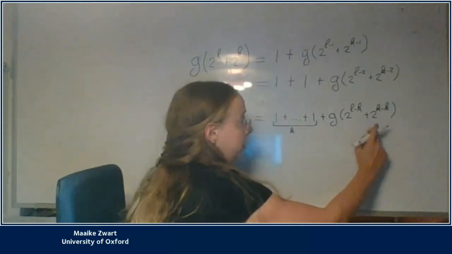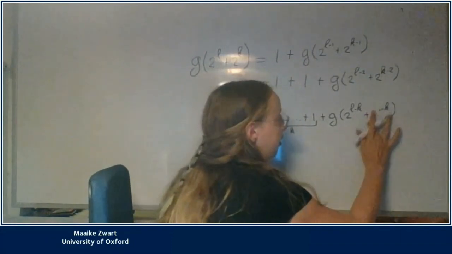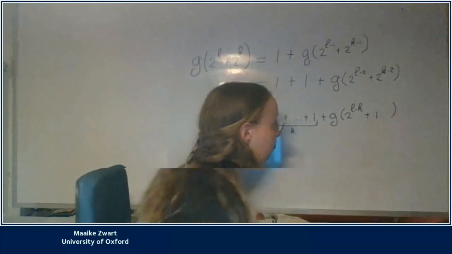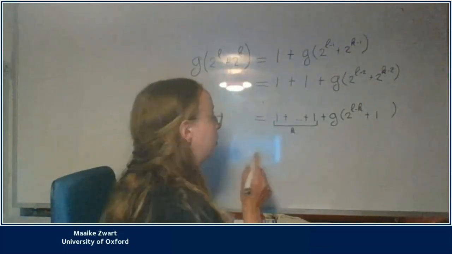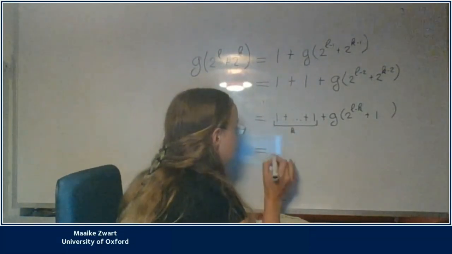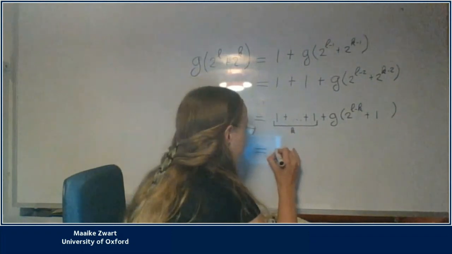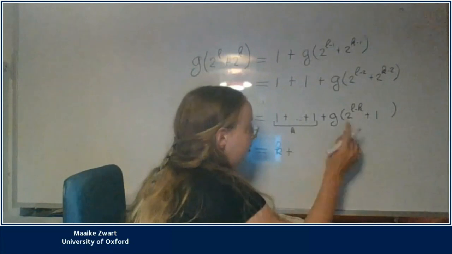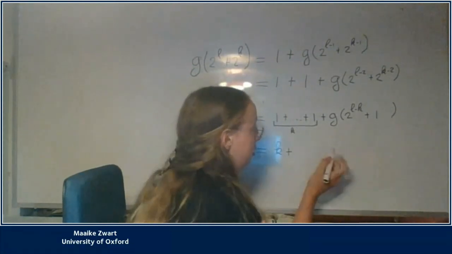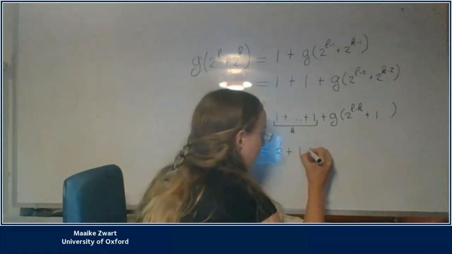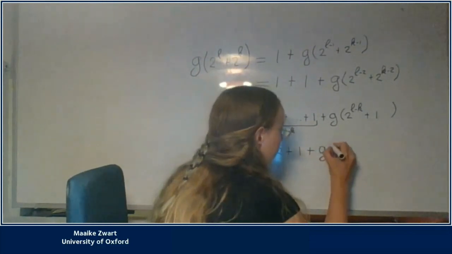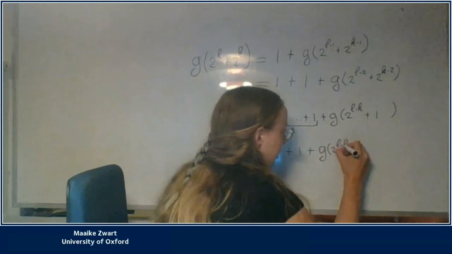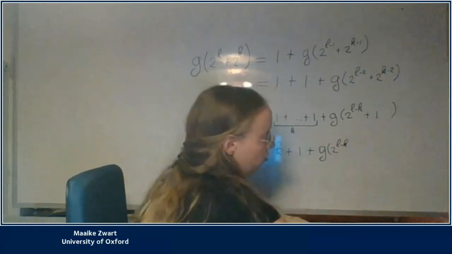And now this is an odd number, because this is really 2 to the power of L minus K plus 1. Then we're going to do the mindless step again. So we have K 1s, so that sums to K. Plus, and now because this is an odd number, it tells me it's 1 plus g of 2 to the L minus K plus 1 minus 1.